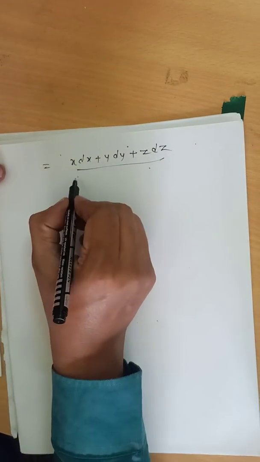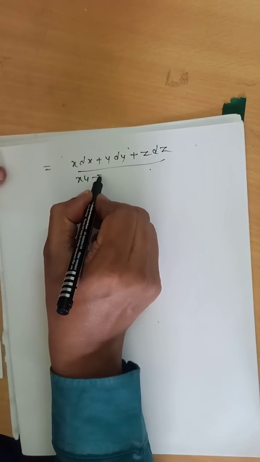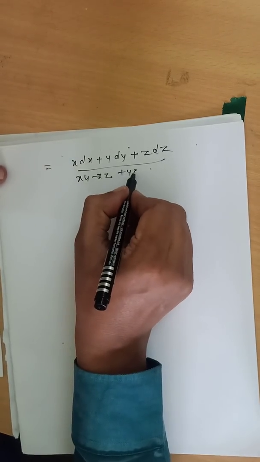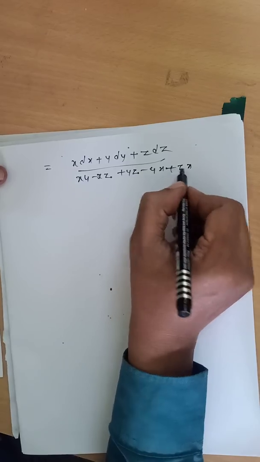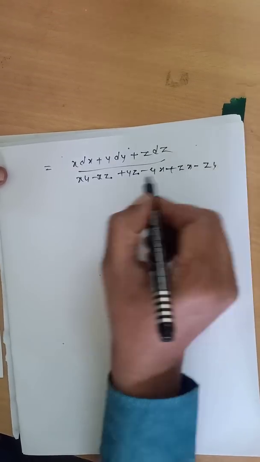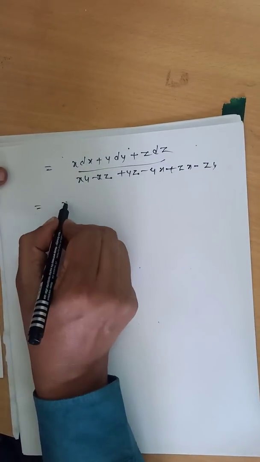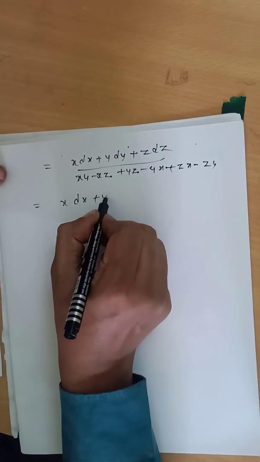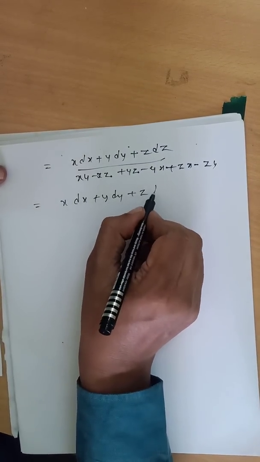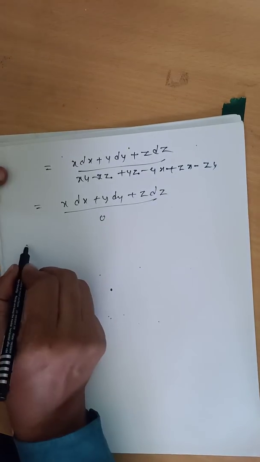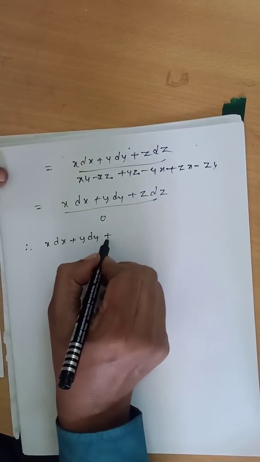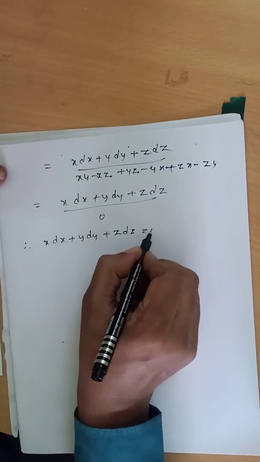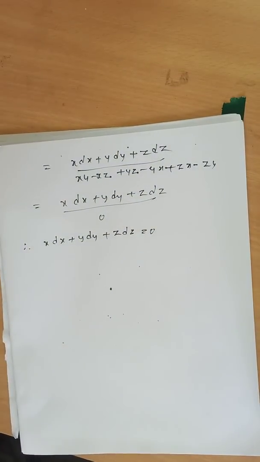See, all terms are cancelled, so denominator is 0. Therefore x dx plus y dy plus z dz is equal to 0.